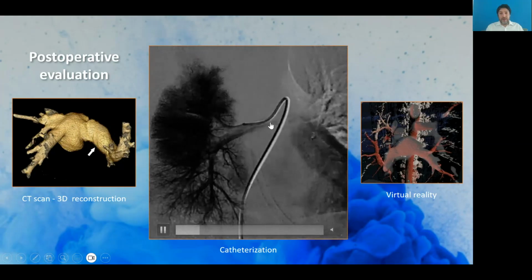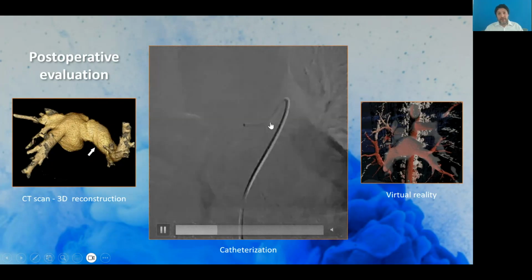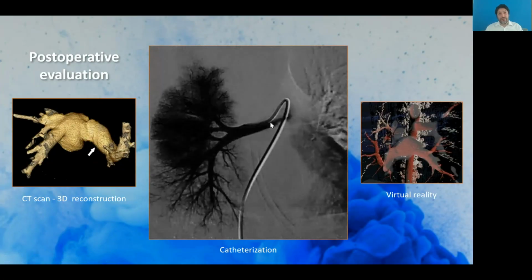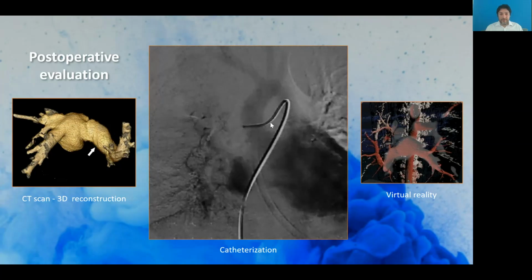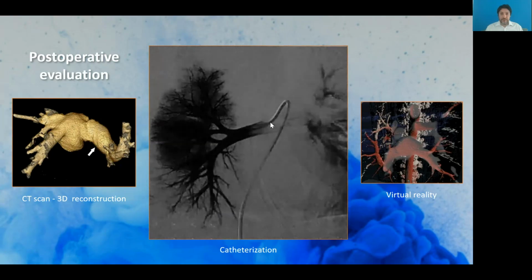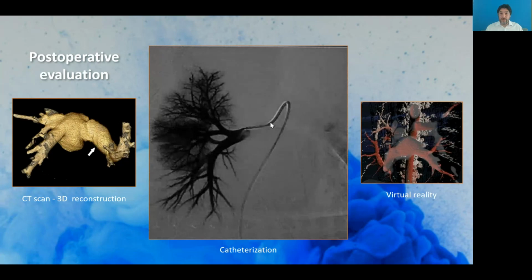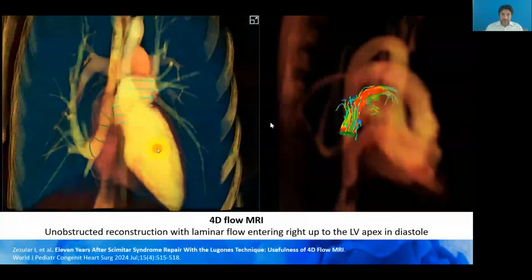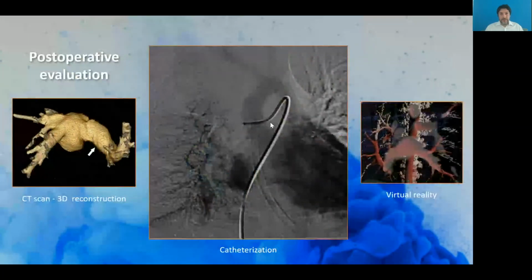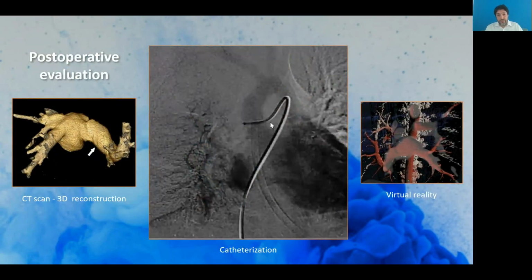Here you can see an injection in the cath lab on the right pulmonary artery, and you can see that the tunnel that is made, the pulmonary venous return, is twice as large as the ascending aorta. So imagine, even if the tunnel in this patient does not grow, it is enough. It is enough for an adult. So there's no problem with this.